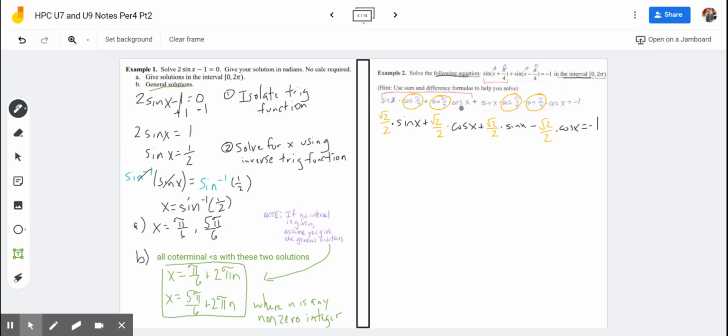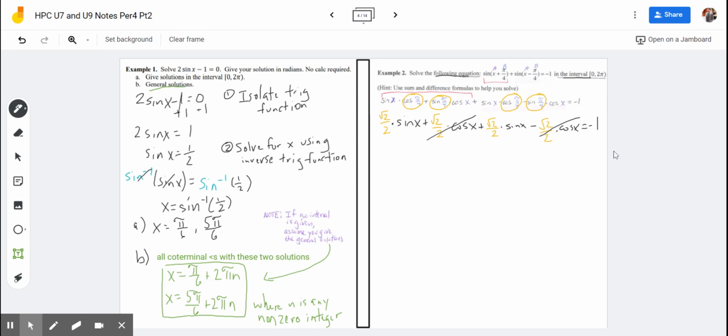You could have also, if you saw that there were terms that we can cancel out, like this sine of pi over 4 times cos of x minus sine of pi over 4 times cos of x, do it like that as well. But it's up to you in terms of how you want to solve it. And you should see after you sub in the unit circle values, radical 2 over 2 cos of x, negative radical 2 over 2 cos of x, they'll cancel out anyway.